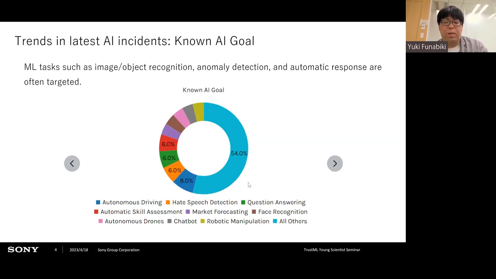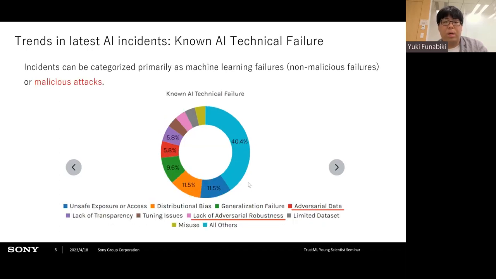So in the future, we have to prepare for these AI threats. Our activity, TrustML, trustworthy machine learning or trustworthy AI activities, could contribute to this preparation.